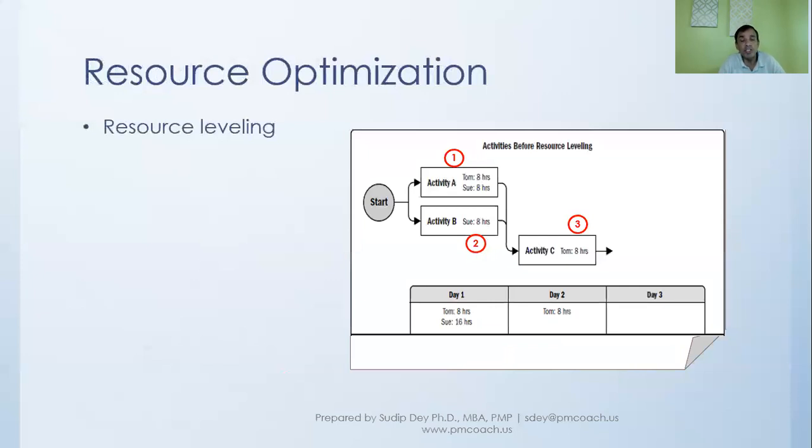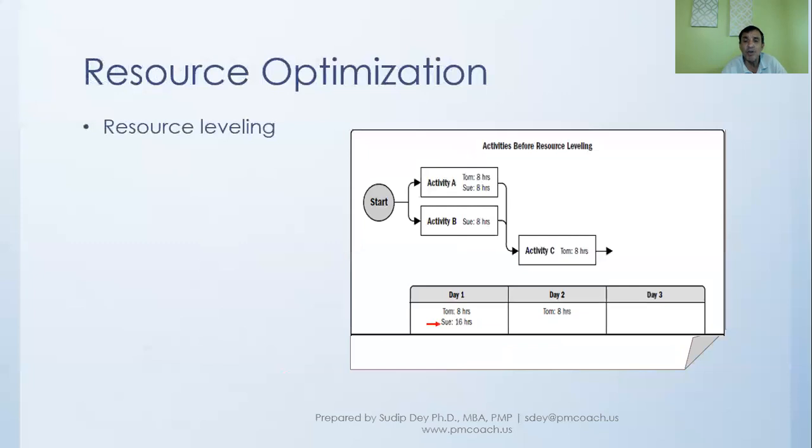From our sequencing, because activity A and B can start together, we have put them in day 1, we'll do activity A and B, and activity C will be done in day 2. So what we find here is we are finishing in 2 days. This particular sequence, we are finishing in 2 days.